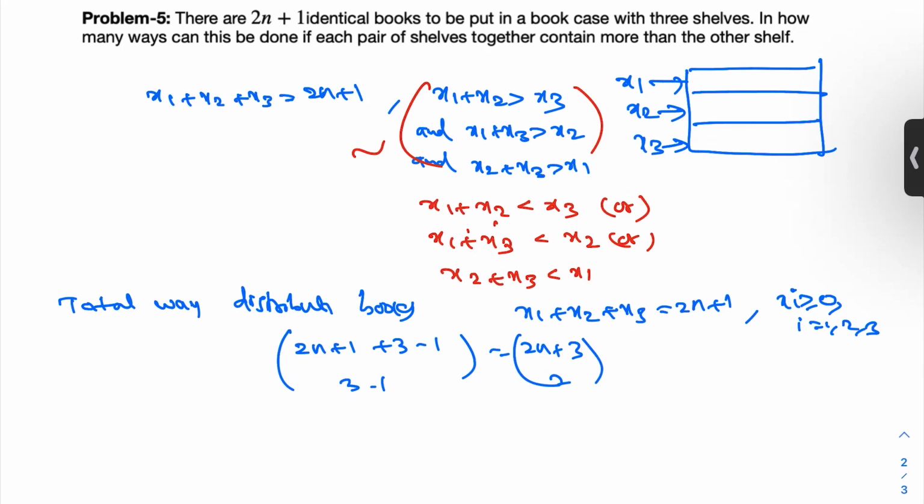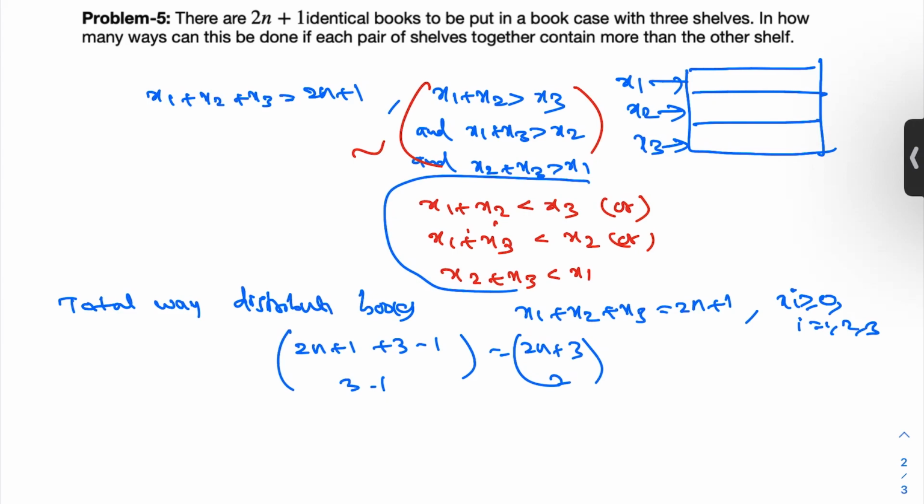Now, what is the count of the distributions that we are not interested in? So, all non-negative integer solutions which satisfy one of these three conditions we don't like, right?